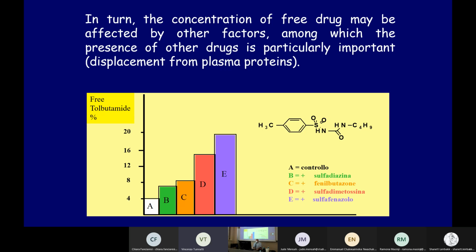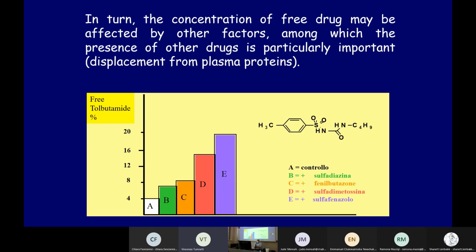The problem starts when we have more than one drug together. Why? Because they can compete for the same protein inside the blood flow.